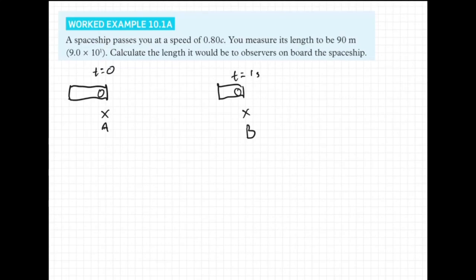Is that clear? This language here is different. It's essentially the opposite. When we say something passes you, what we mean is you are point A at t equals 0. At t equals 0, the train is in front of you there.